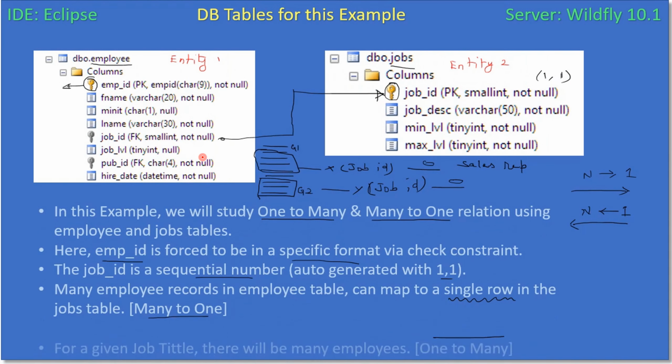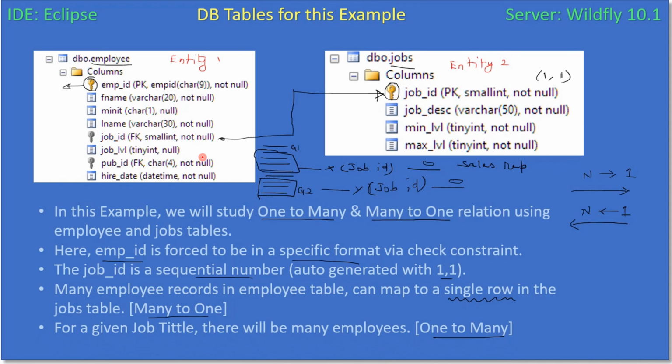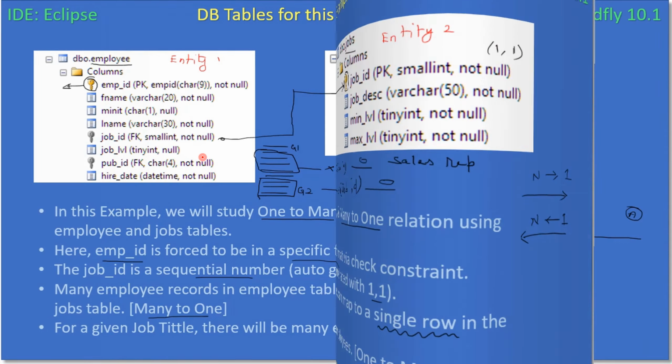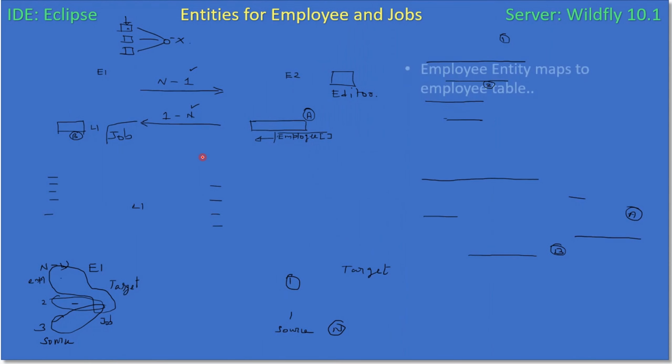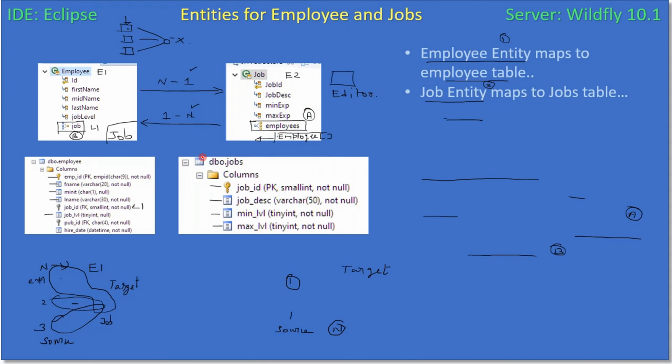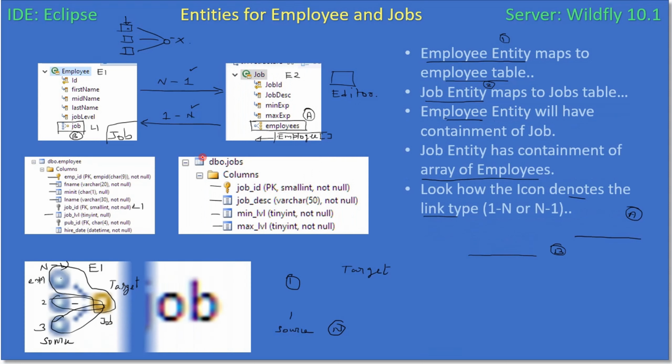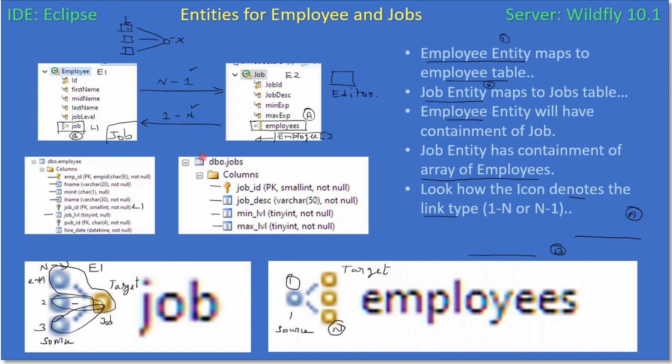We started this sub-series by making use of the existing DB schema for pubs, and we picked two tables from there, employee and jobs. Then we made entities for linking to the tables employee and jobs.